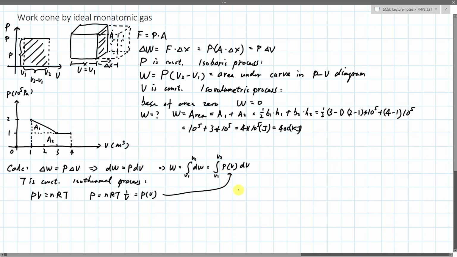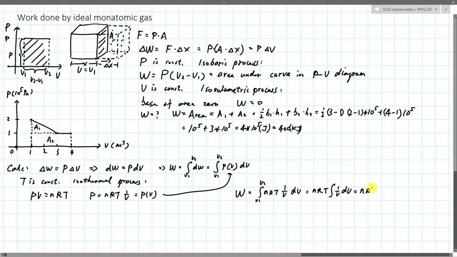So work done is equal to the integral with V1, V2 as limits. So pressure gets plugged in, nRT 1 over V dV. So the constants factor out, and 1 over V dV integrates into natural log of V.